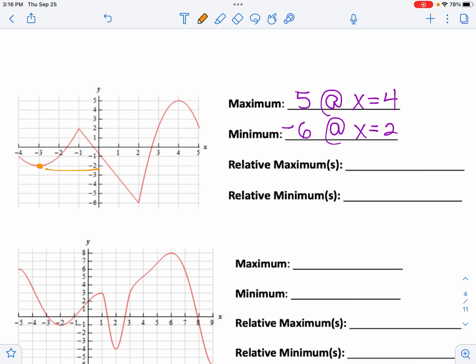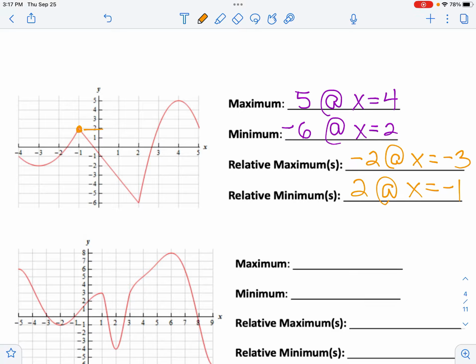So that's -2, it looks like, at x equals -3, right there. All right, and then a relative maximum, it looks like I have a relative maximum right there. And that goes up to 2, it gets a height of 2. And that occurs when x is -1, right?